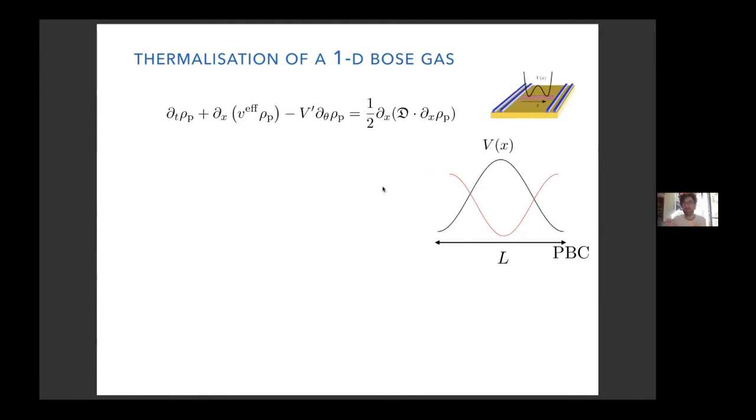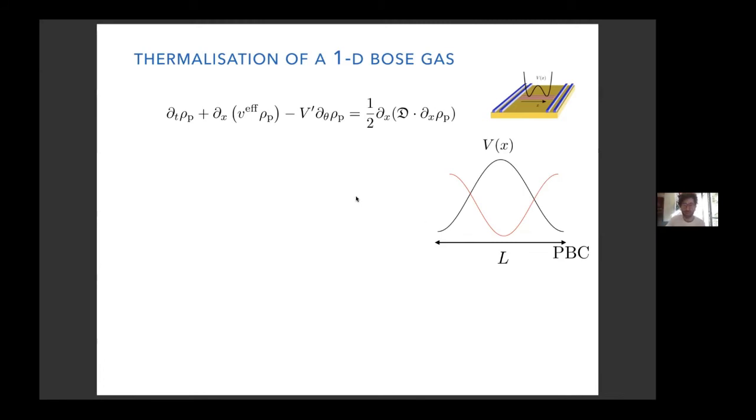So in order to see the physics, we did a numerical experiment. Namely, you prepare your gas with some potential V of x, and then you just shift it. For example, we take periodic boundary conditions on a circle of size L, and you initialize your gas in the thermal regime of this potential, and then you just flip the potential and see what happens.